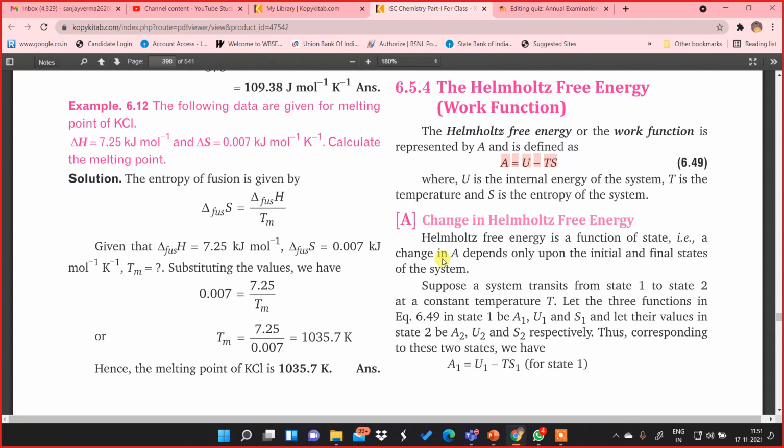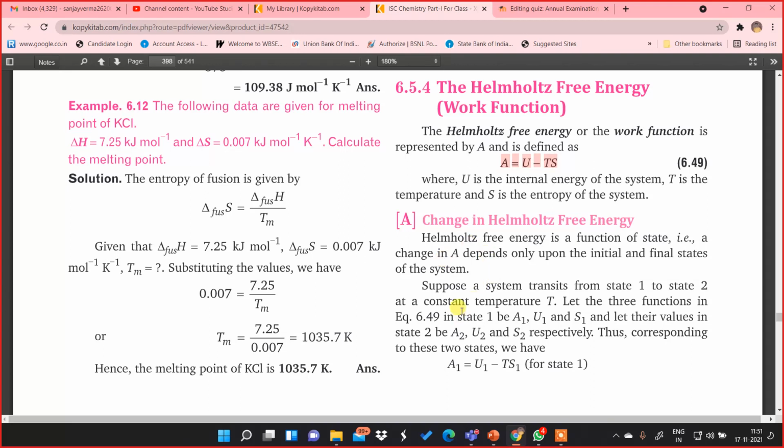So if you subtract the product of the temperature and entropy from the internal energy, that is U, that is called work function or Helmholtz free energy.